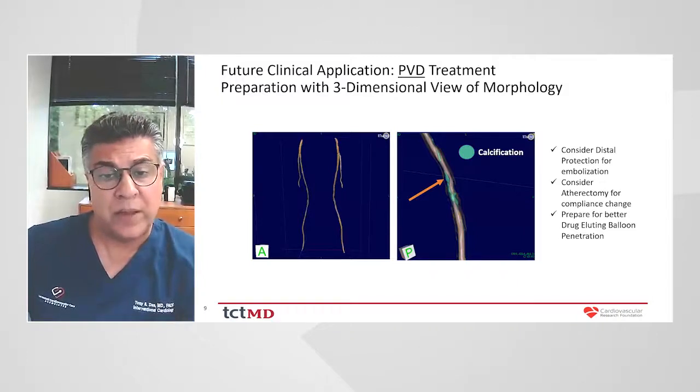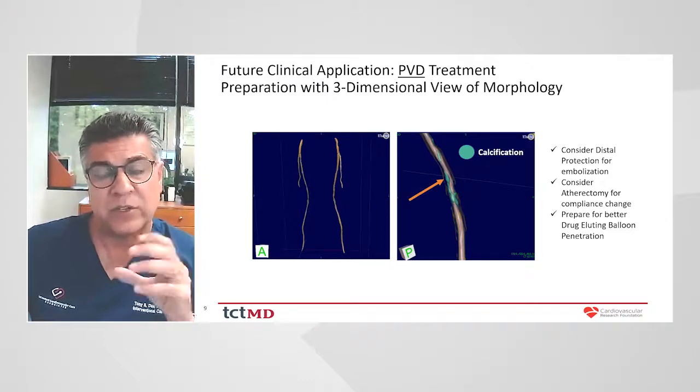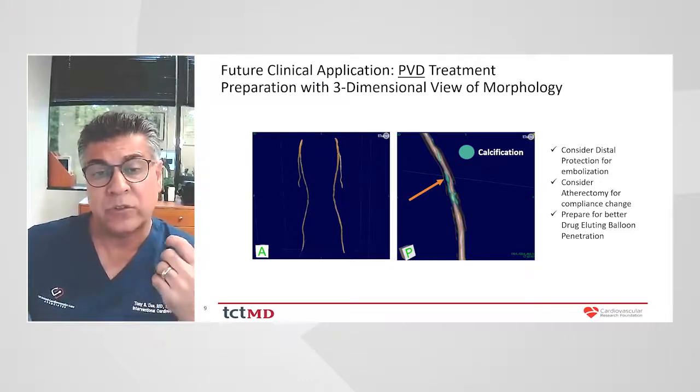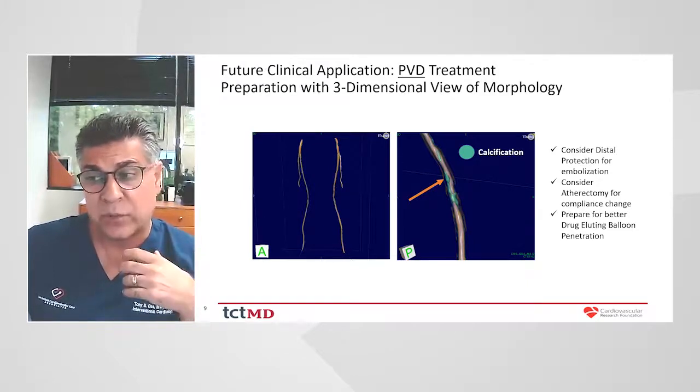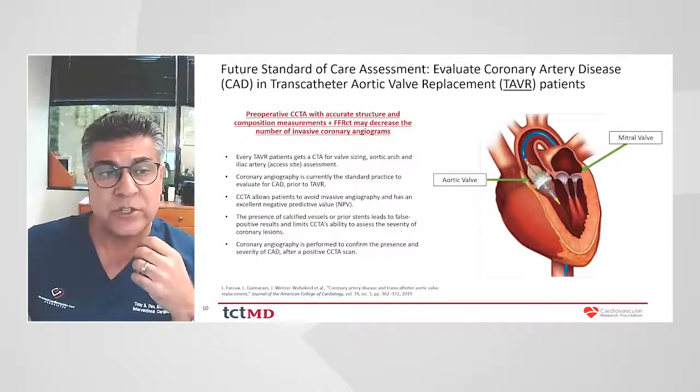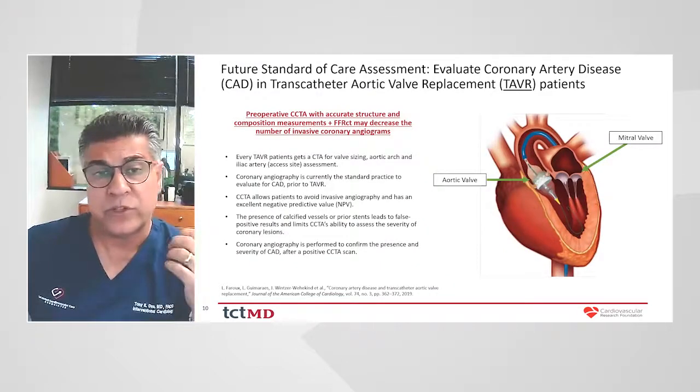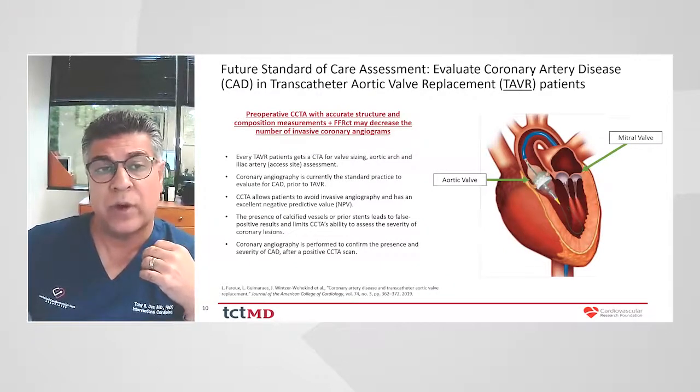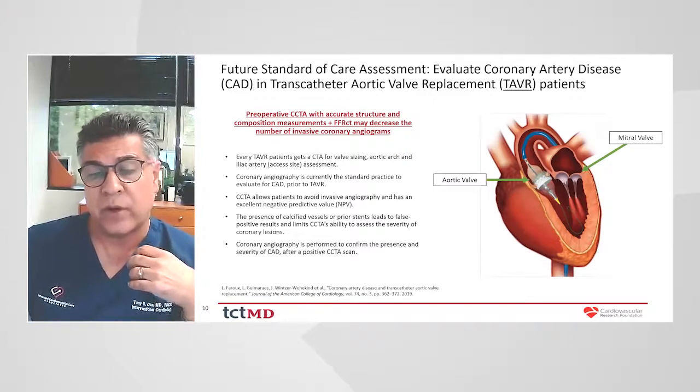We may want to think about atherectomy and changing compliance, and it may also allow for better drug-eluting balloon penetration, as has been pointed out in other studies as well. So this type of three-dimensional view may actually be very useful in predicting both carotid and lower extremity events, many of which are unpredictable in some of the technologies that we have today. As mentioned previously, this might be the future standard for pre-evaluation for coronary disease for patients that are undergoing TAVR.